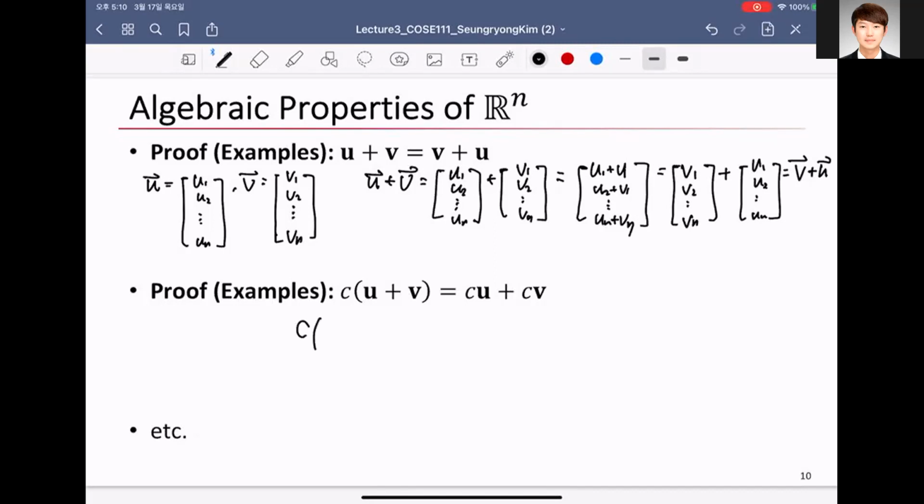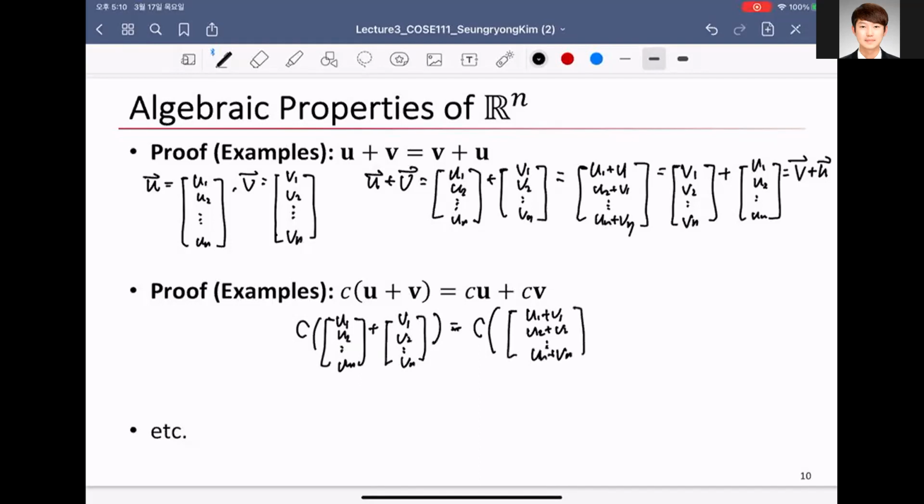Let's just write that. c times (u1, u2, un) + (v1, v2, vn) is equal to c times (u1 + v1, u2 + v2, un + vn), which is equal to (c(u1 + v1), c(u2 + v2), ...), because they are all scalar values, so the scalar algebraic properties are satisfied here.